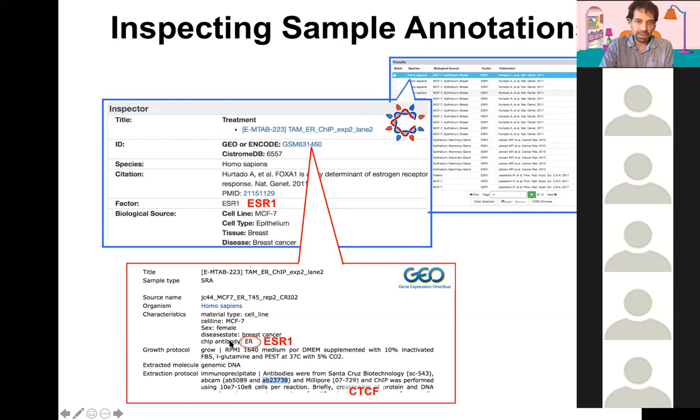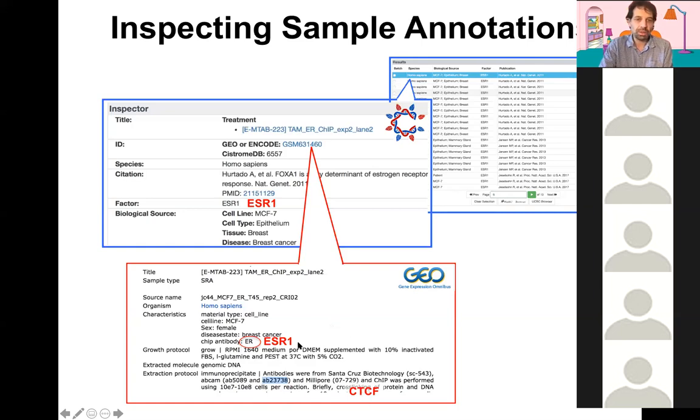So for example, the GEO page might look something like this. They did an experiment. They show the antibody is estrogen receptor, which is reasonable enough. But then they also include information about the extraction protocol, and then they mention 4 different antibodies, one of which happens to be CTCF.